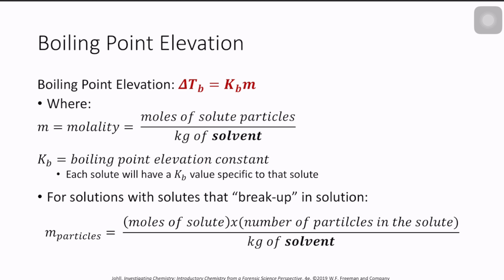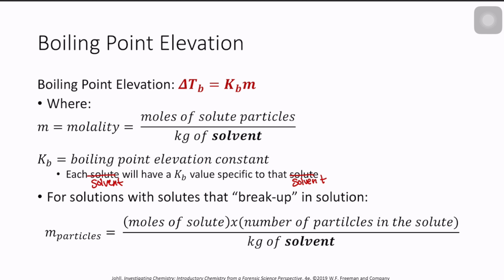KB is the boiling point elevation constant, and it is going to be different for each solvent. So each solvent is going to have its own boiling point elevation constant.